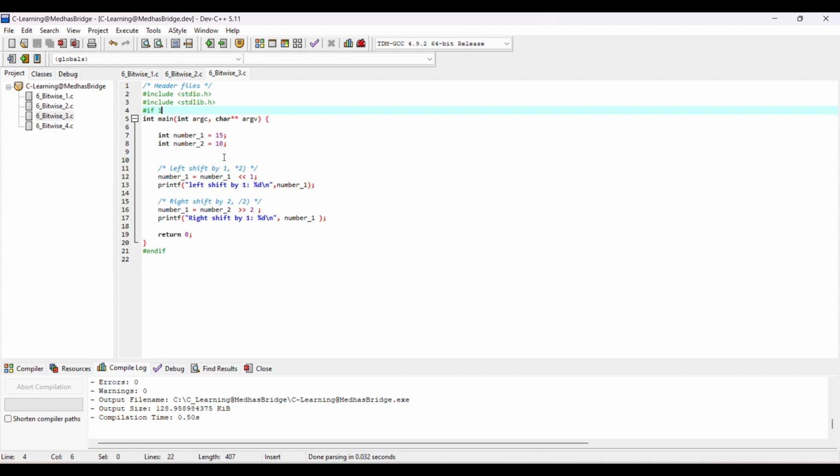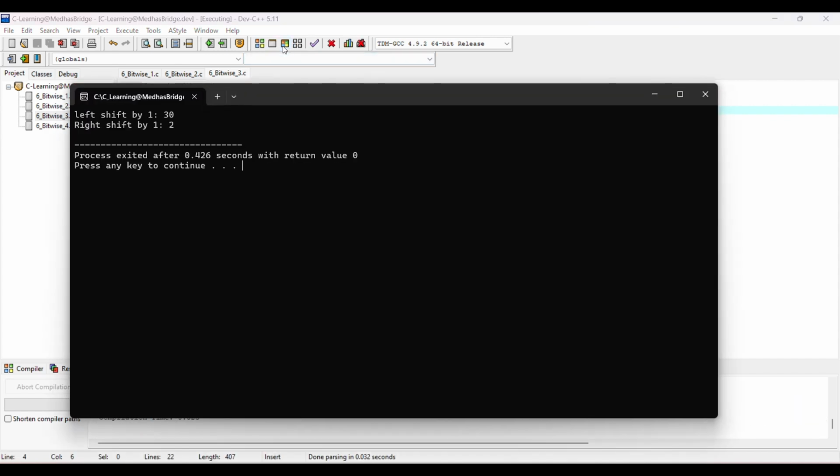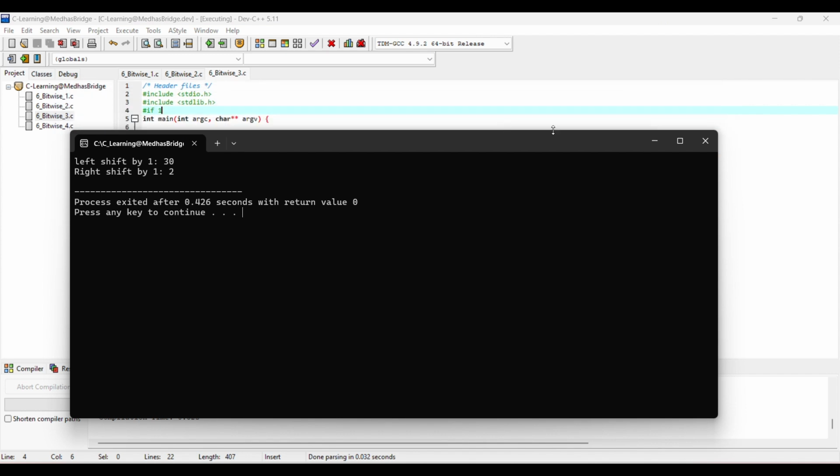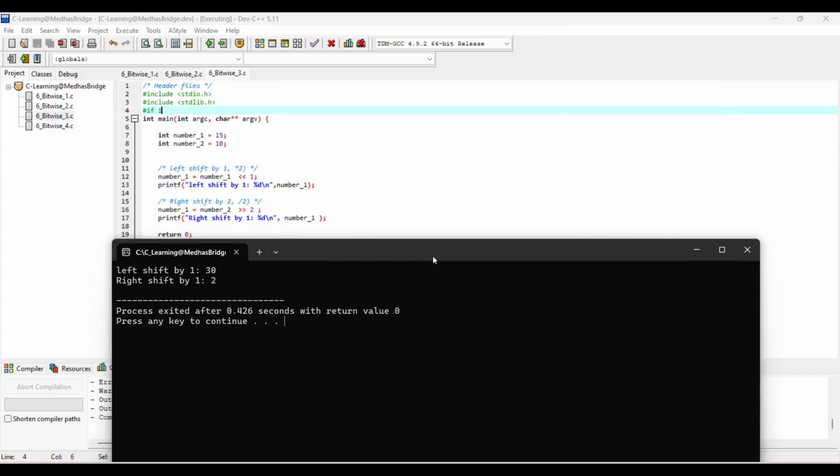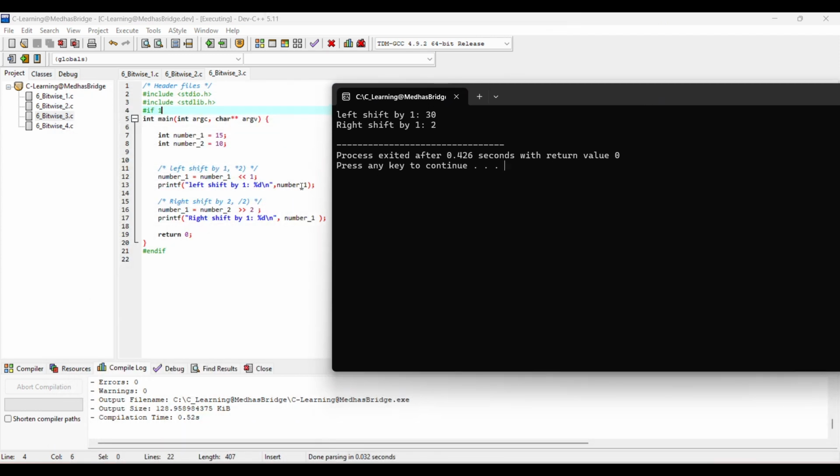So let me compile and run this program and see the output. Do you see this one? Left shift by 1 gives us 30. What is given is 15 left shift, 15 times 2 is 30. That is what we got. Very nice. Now look at right shift by 2.